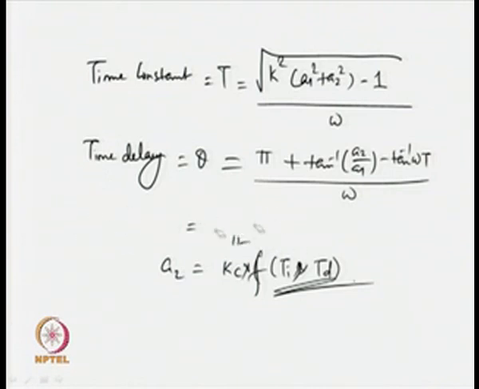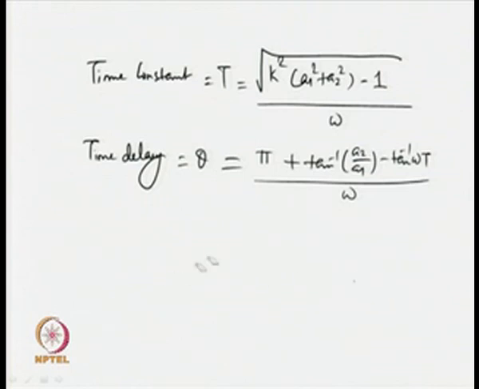Using this T and theta, now we can estimate the transfer function model parameters when omega, A1, A2 are available. Similarly, this is for the first order plus dead time transfer function model.